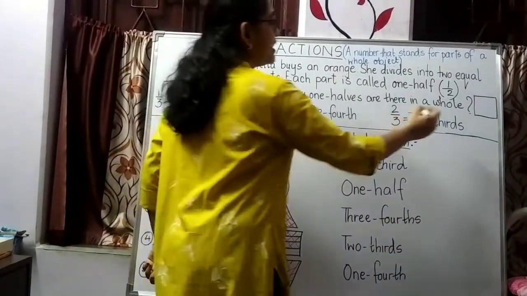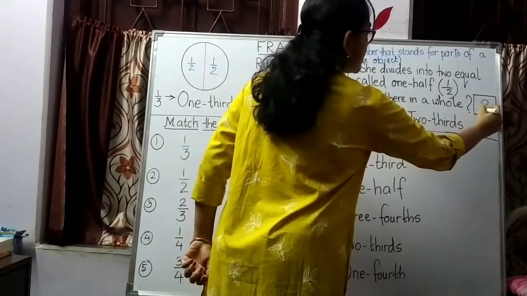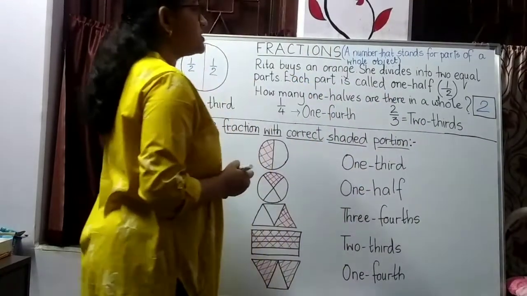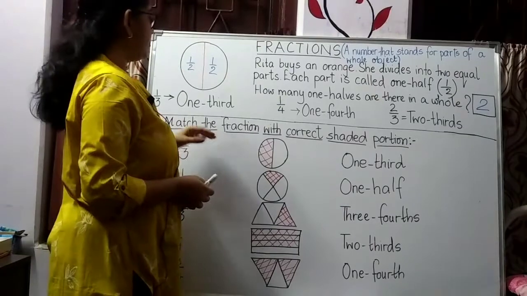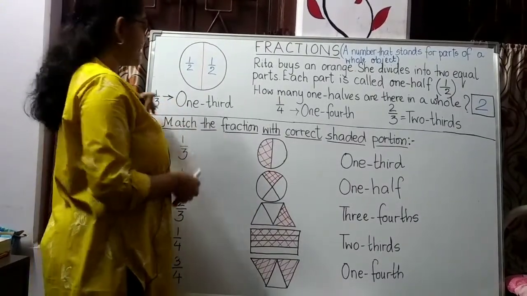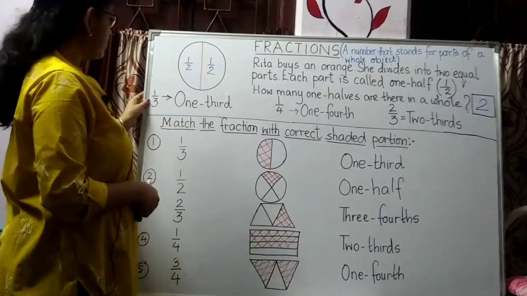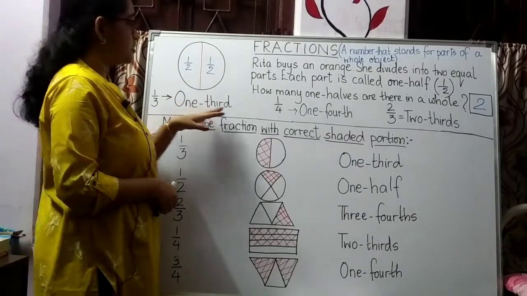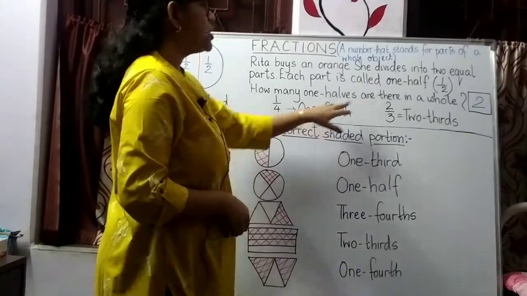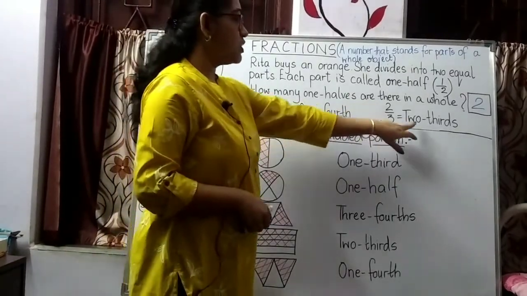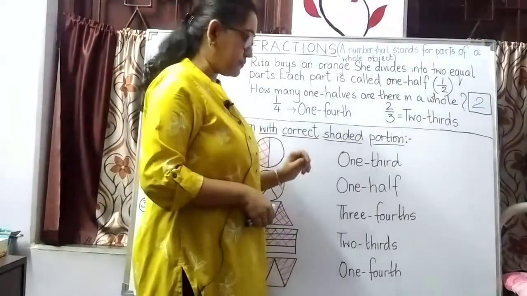Your answer will be 2. That means there are two 1/2s in a whole object. Similarly, there are fractional numbers like 1/3, 1/4, 2/3, and so on.